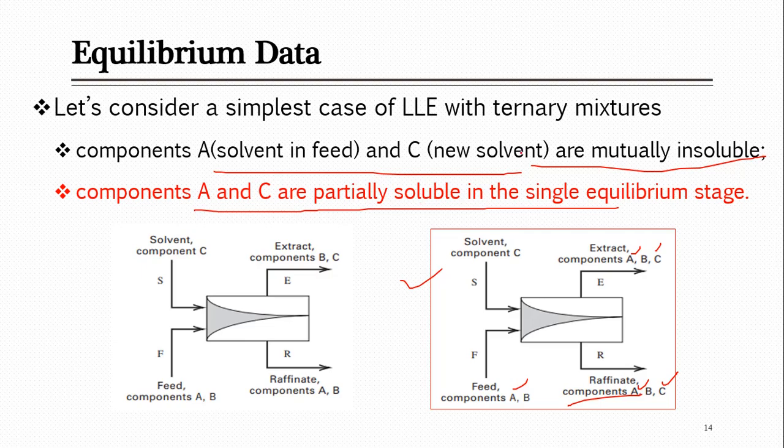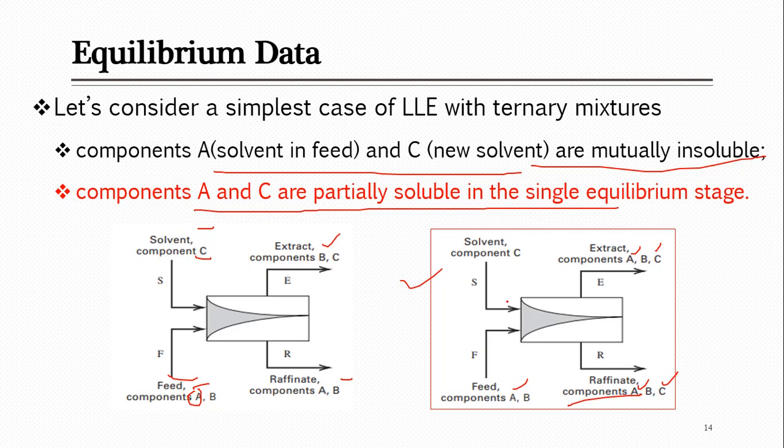So at least now you know the base case in which they are mutually insoluble, but now when we look for partially soluble, can we use the same equations which we have just discussed so far? No. The reason is, if you recall the equations we discussed, this epsilon and k and that stuff, those were for mutually insoluble systems, and when we derived that equation we involved terminologies in which A was coming from the feed and only going to the raffinate, and C was coming from the solvent stream and only going to the extract.